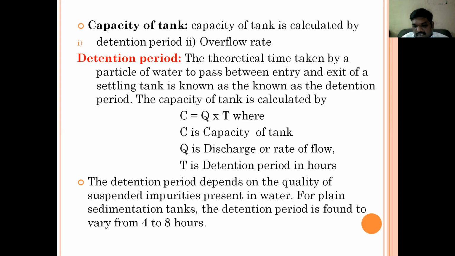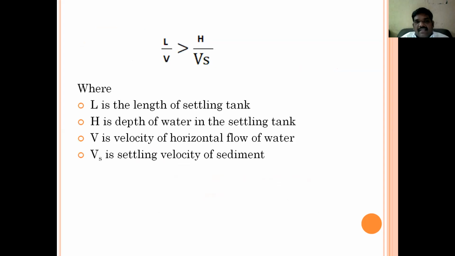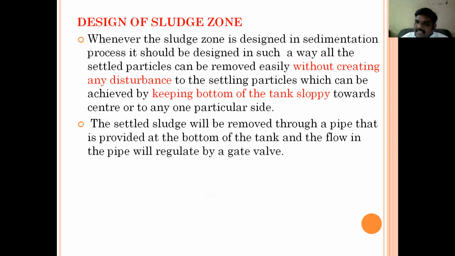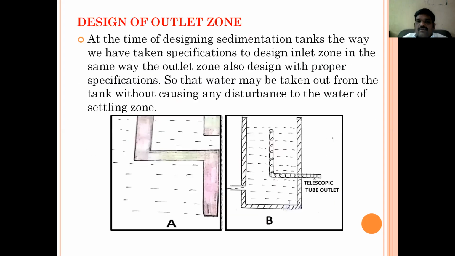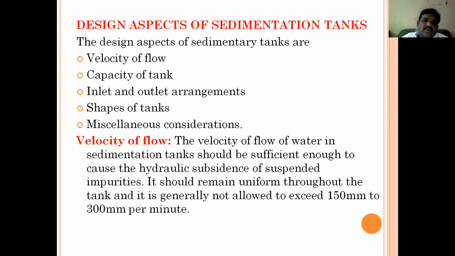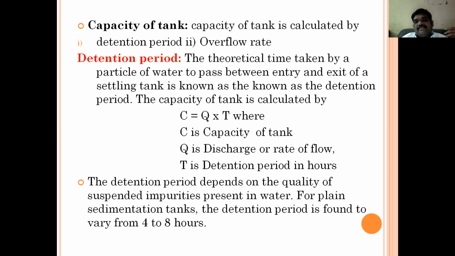Now, we have seen the inlet zone, settling zone, sludge zone, and outlet zone, and we also discussed velocity, capacity of flow, inlet and outlet arrangements, and shapes of tanks. We have seen rectangular tanks, circular tanks, hopper bottom tanks, and other considerations.